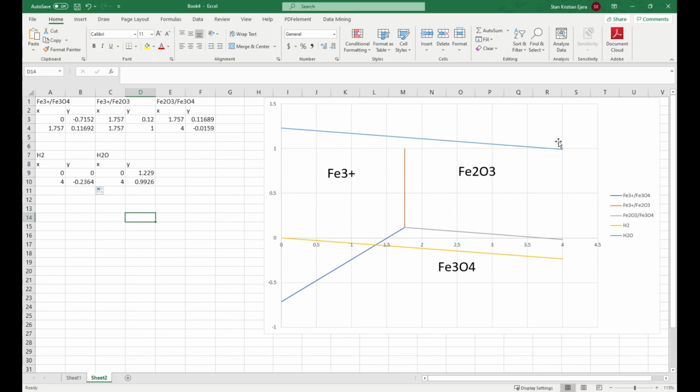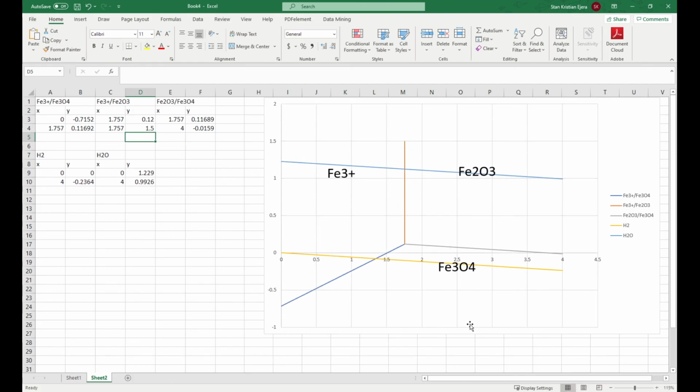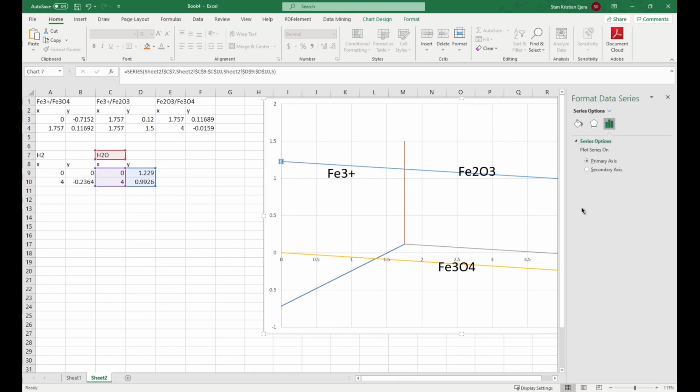So this is the water stability line. And pwede pa lang we can go higher than 1, no? Para lang to show na mag-intersect yung water stability line. So we could probably do 1.5, no? Ganyan. Okay. So that is my, and to be clearer, pwede rin gawin ko to. I can do format data series.